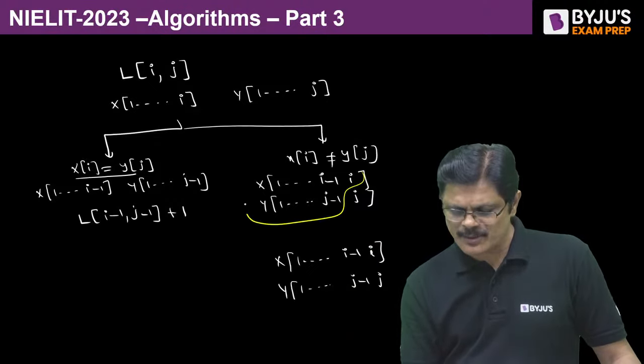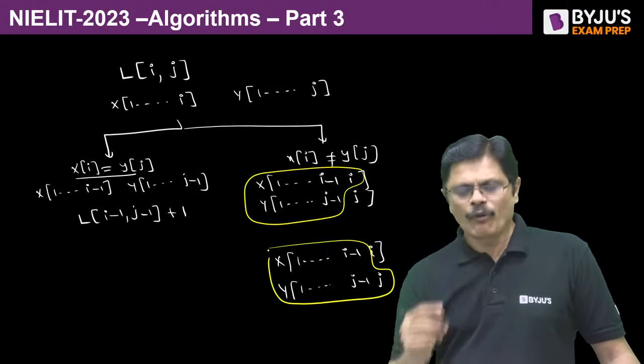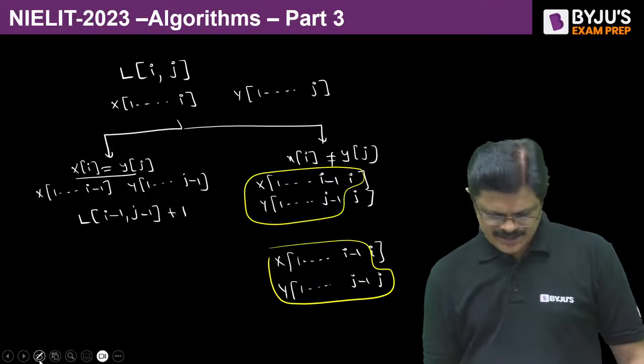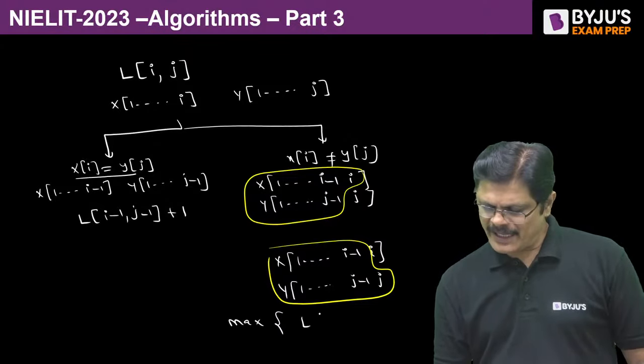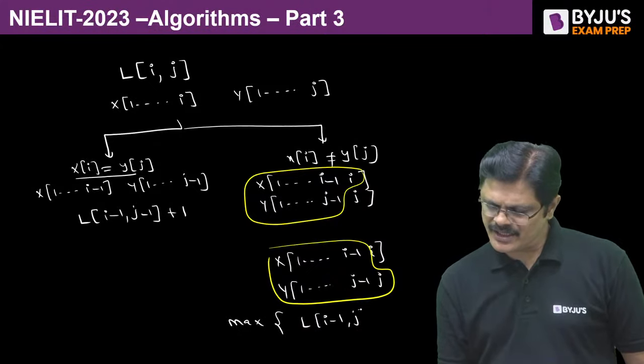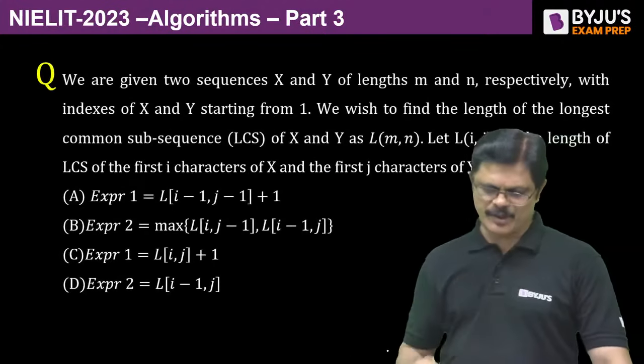So you may consider this problem, or you may consider that problem. Whatever gives you the maximum, that you have to consider. In this case you take the maximum of Li minus 1, j and Li, j minus 1, my dear friends, and that is exactly the solution for this problem.